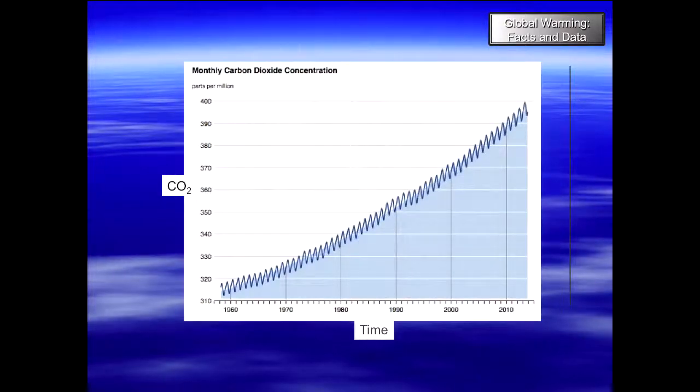You can bet that next year, when you look at this graph, the carbon dioxide will be even higher. We hit an amazing moment right there, 400 parts per million. And we're going to obviously exceed that in the next winter. So the amount of carbon dioxide is clearly increasing.